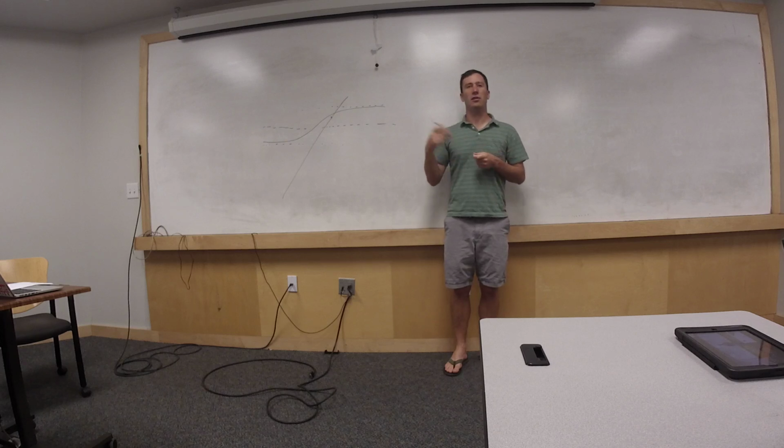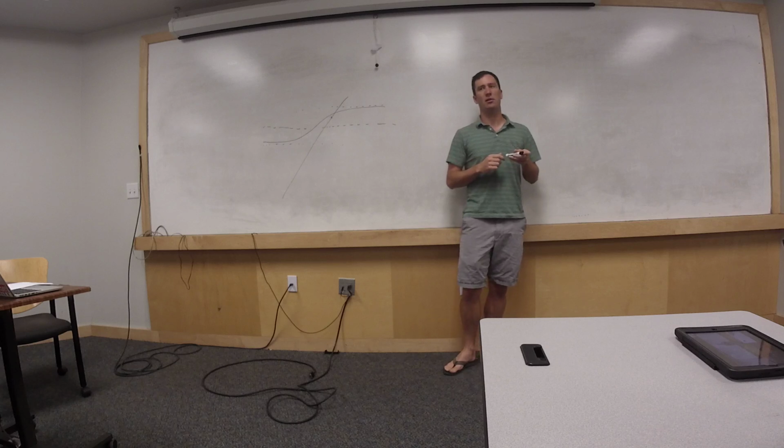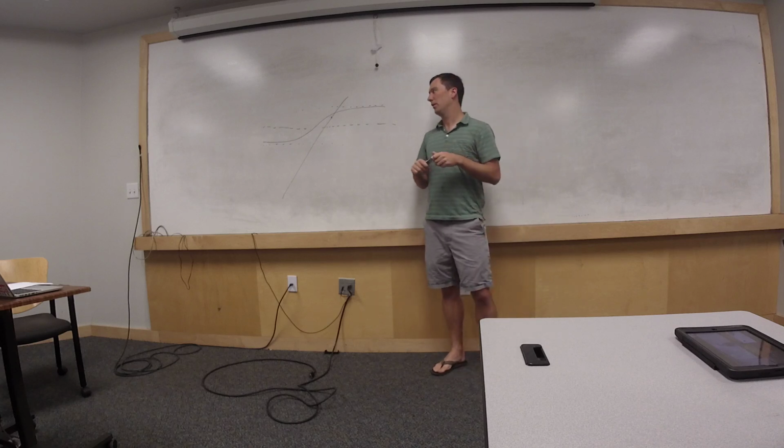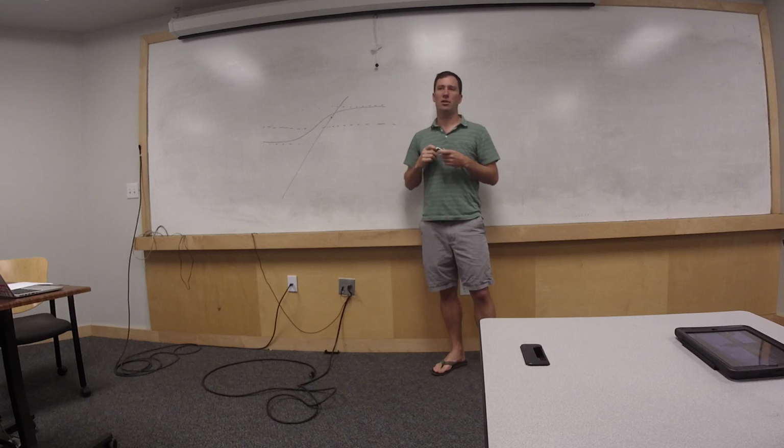I plug my point into the equation, I get a point on the line, I compare it to a threshold, and I use that to say whether it's true or not. Okay? So both of these methods sort of work the same way. Right? But this sigmoid curve here is actually a lot nicer to work with for classification tasks.